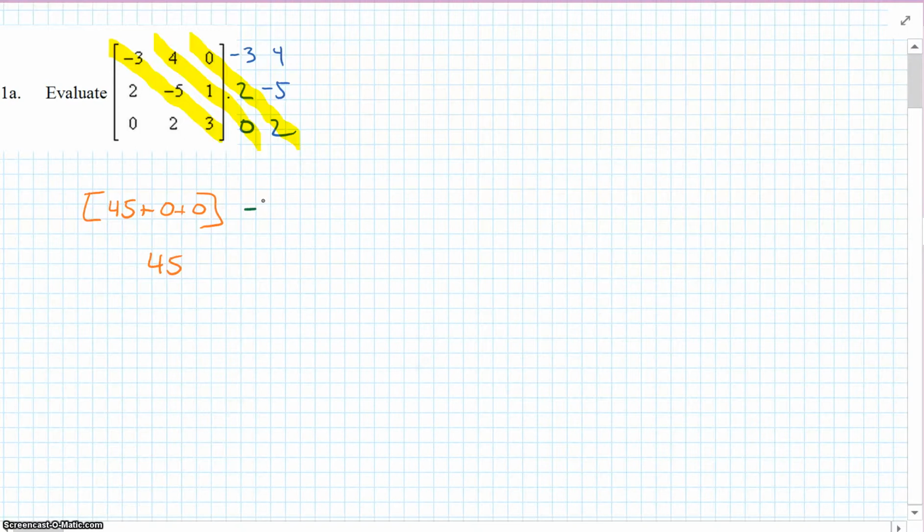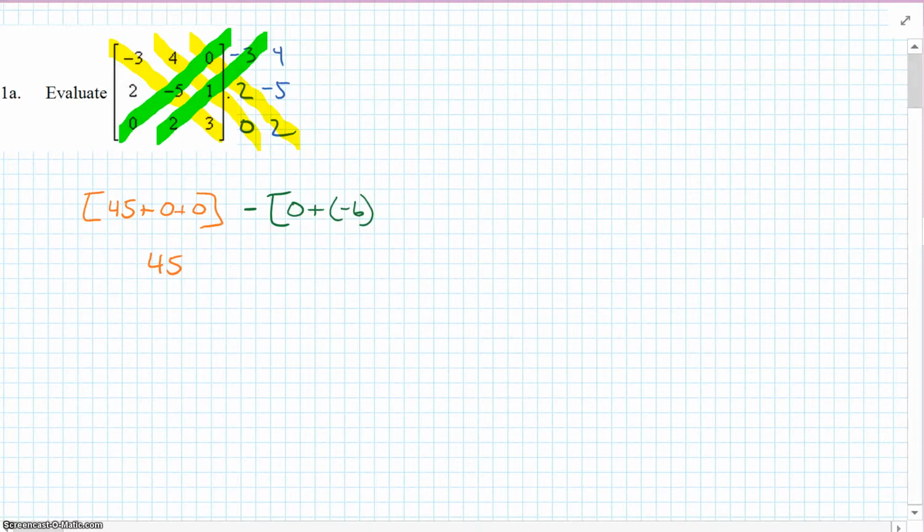And we know we're going to subtract the sum of the products of the next three diagonals. That has a 0 in it, so we'll go ahead and add a 0, plus the next one, 2 times 1 times negative 3, that'd be negative 6, plus 3 times 2 times 4, which I believe is 24.